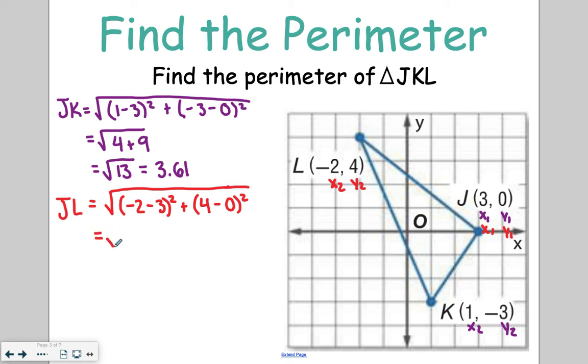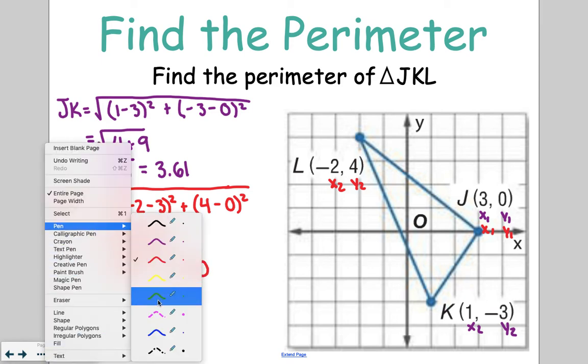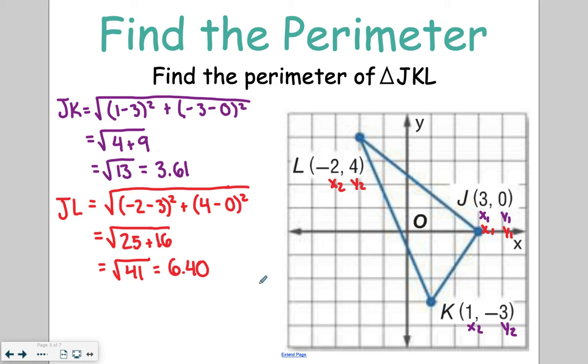Solving my pieces now, I've got negative 2 minus 3, which is negative 5, squared is 25, plus 4 minus 0 is 4, squared is 16. Adding 25 and 16, you are looking at the square root of 41, and when you type that into the calculator, that's going to give you 6.40 after rounding.